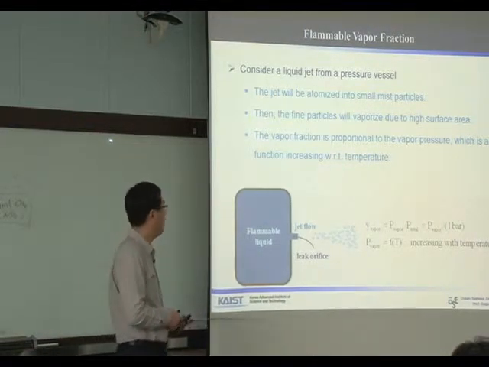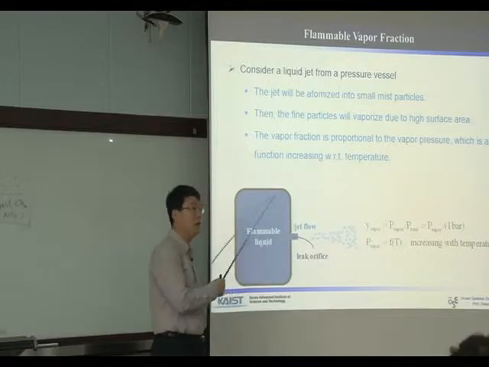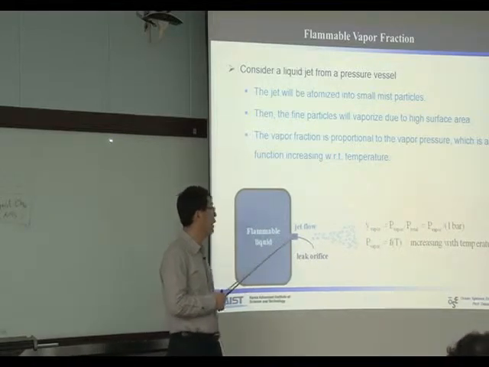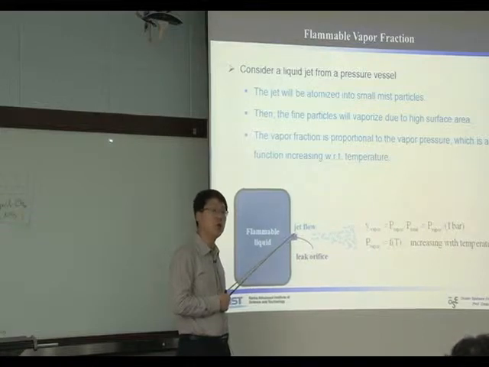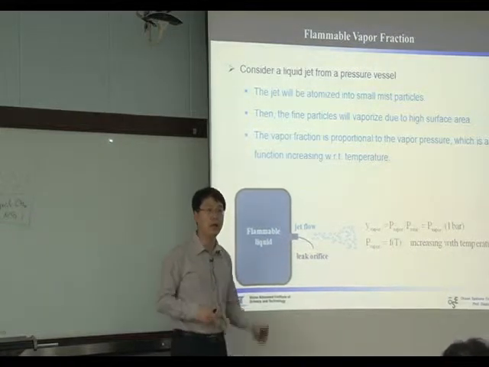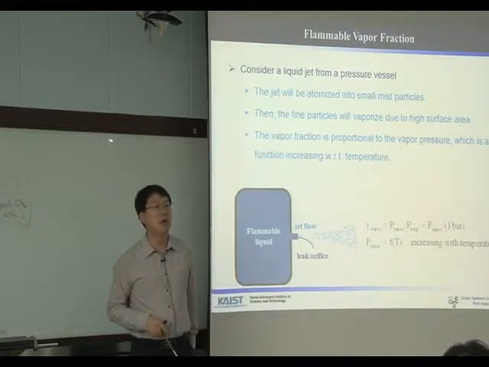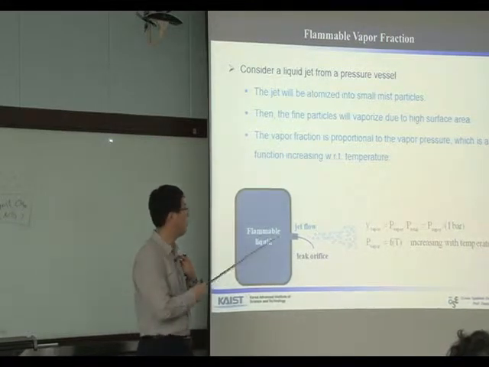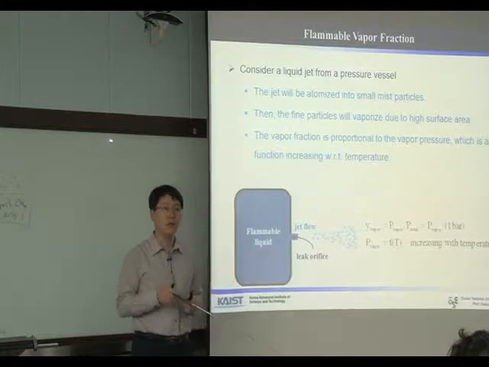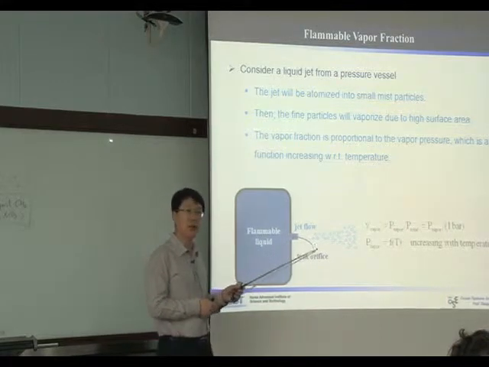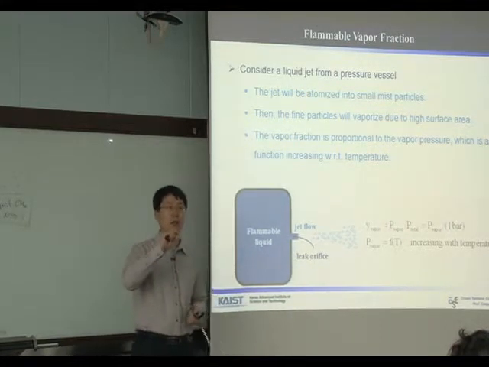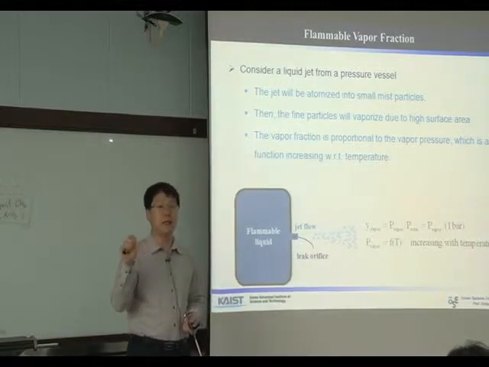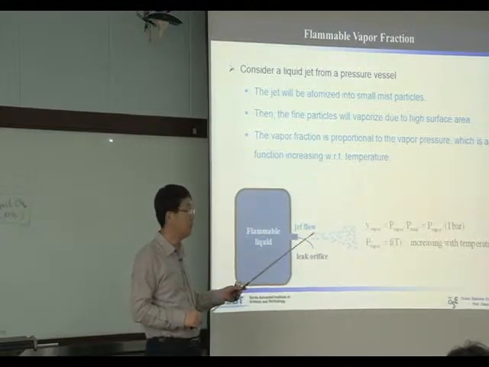So assume that we have a liquid containment here. By accident, we have a small hole, then the liquid will erupt from the containment. Because of the pressure difference, the erupted liquid jet will disperse as small droplets like this.